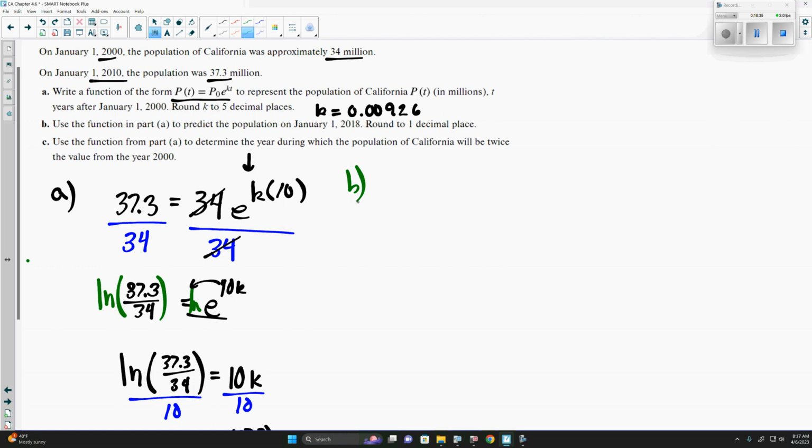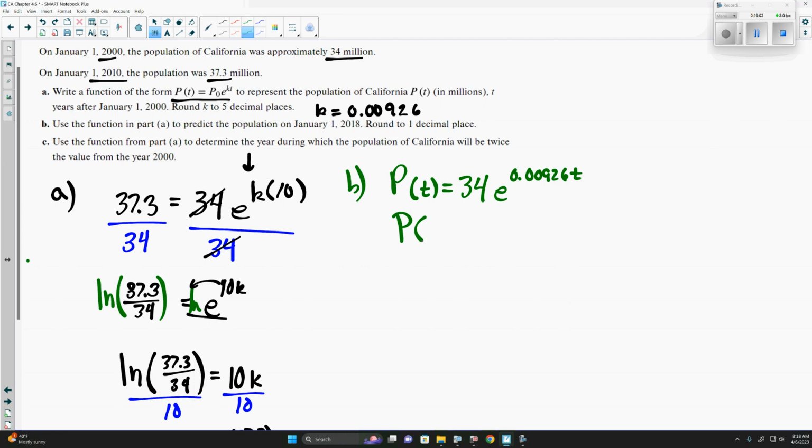So we're going back to P sub t is equal to 34e to the 0.00926t. This is the equation we got from part A. Now what we're trying to find is January 1st, 2018.